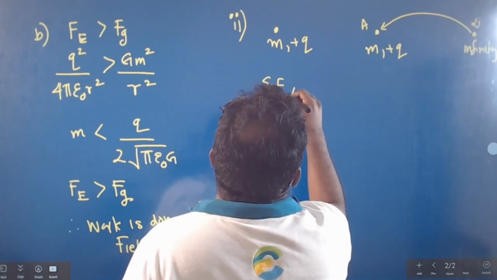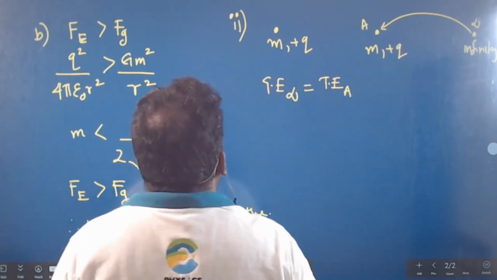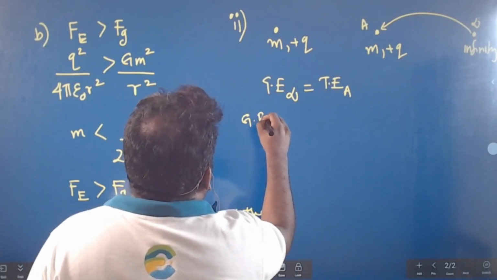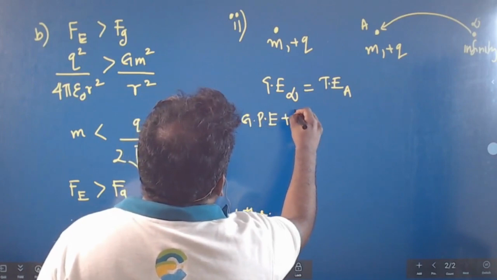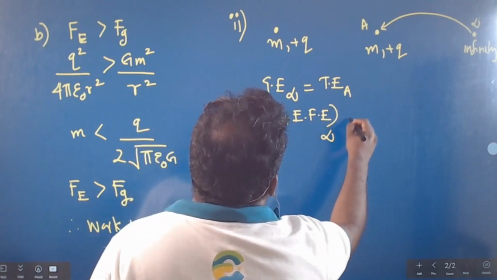Total energy at infinity equals total energy at A. Gravitational potential energy and electric potential energy at infinity are zero. There is no kinetic energy.